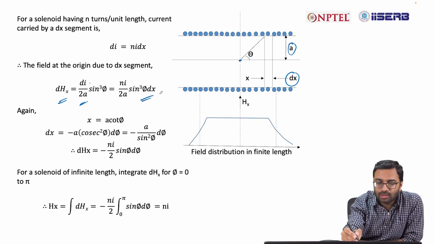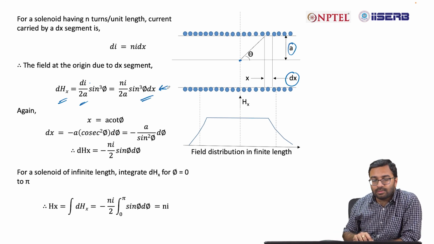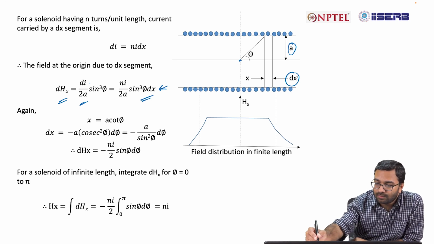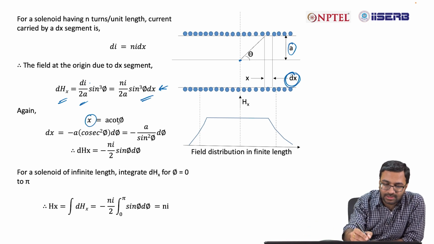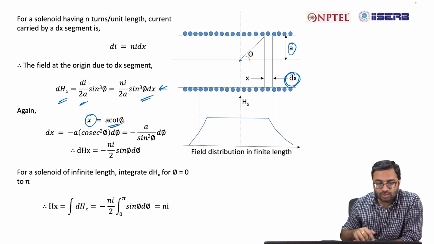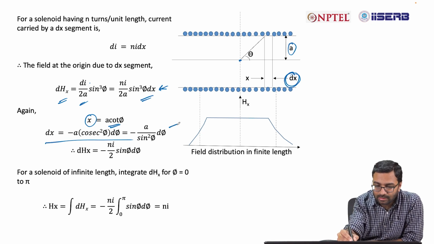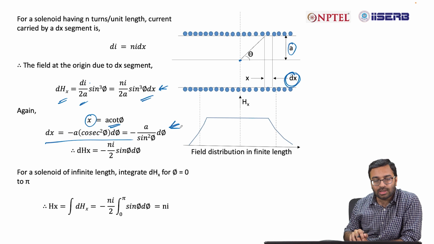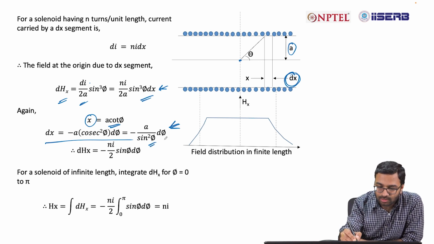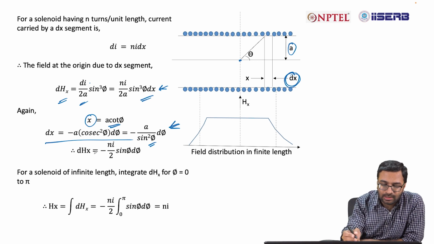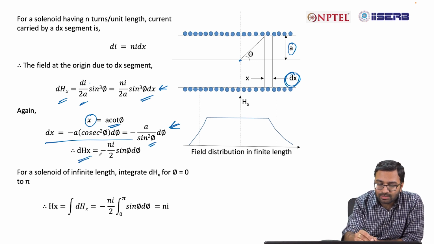You rearrange the same equation, you will find ni by 2a sine cube phi into dx, because this is for the dx range, and again the value of x is nothing but a into cot phi. So, dx value will be minus a cosec square phi d phi, which will reduce to minus a divided by sine square phi d phi, and finally you will find dhx value is minus ni divided by 2 sine phi d phi.